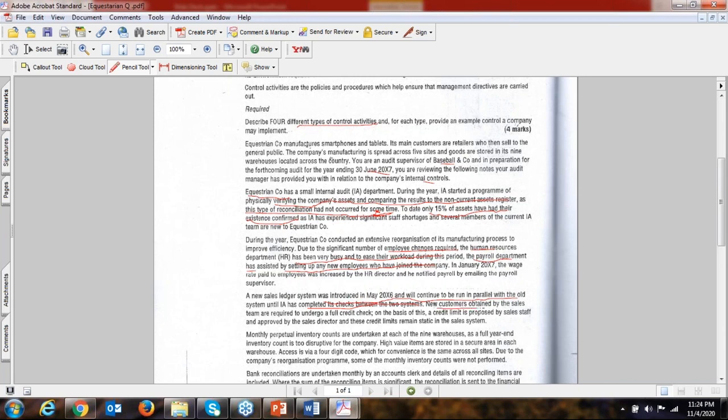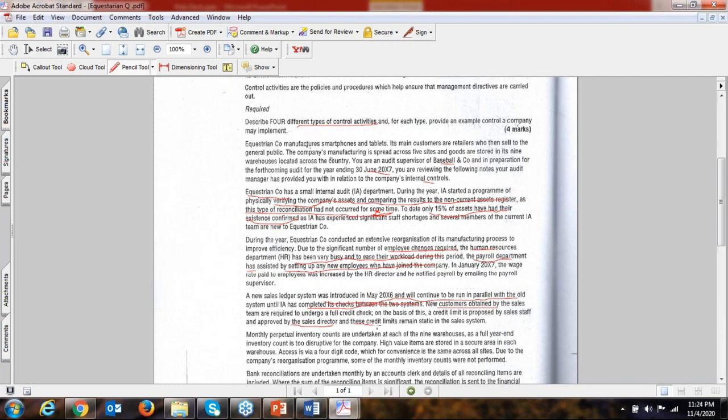New customers obtained by the sales team: the start of the sentence will tell you that something is going to happen. New customers obtained by the sales team are required to undergo a full credit check. This is a very good control. On the basis of this, a credit limit is proposed by sales staff and approved by the sales director. Segregation of duties is maintained. Very good system is maintained.